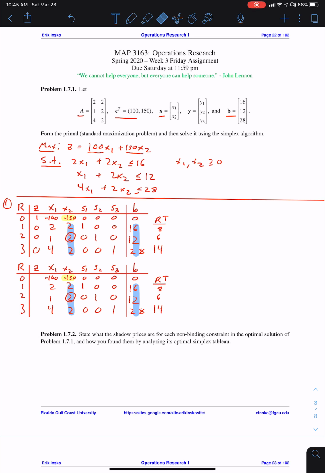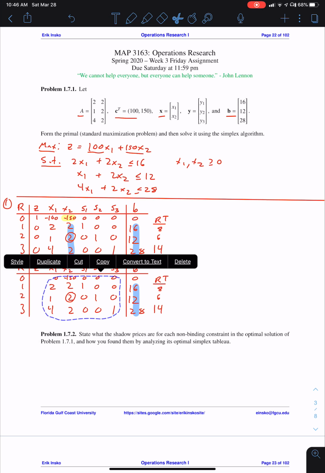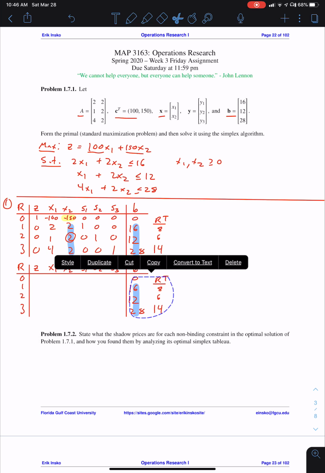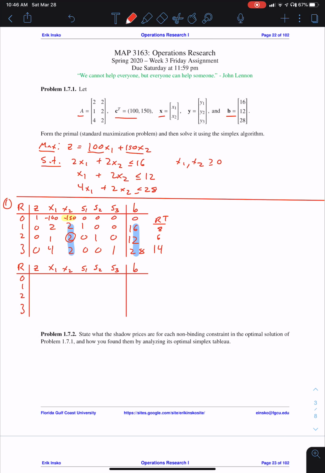Let me erase all this. Okay, so we row reduce at this point. The idea is we get rid of the negative 150, the 2 becomes a 1. What we did in this row is we divided by 2, so we divide this whole row by 2.